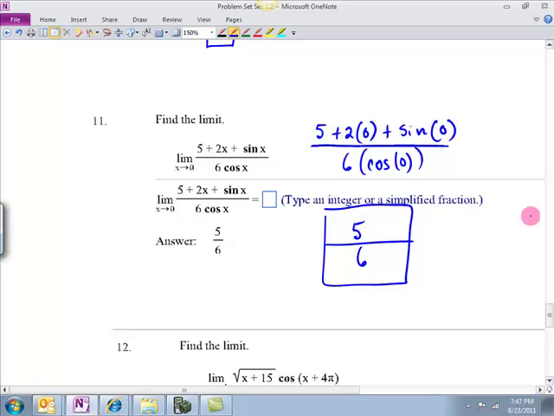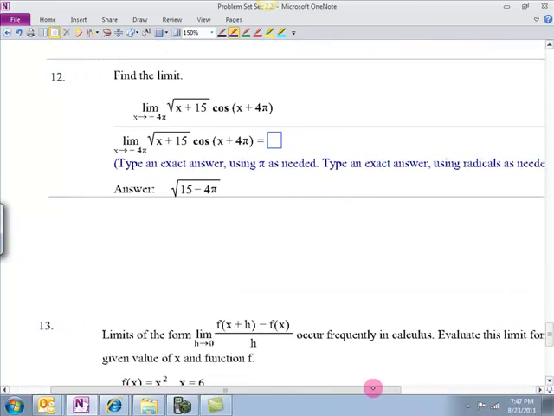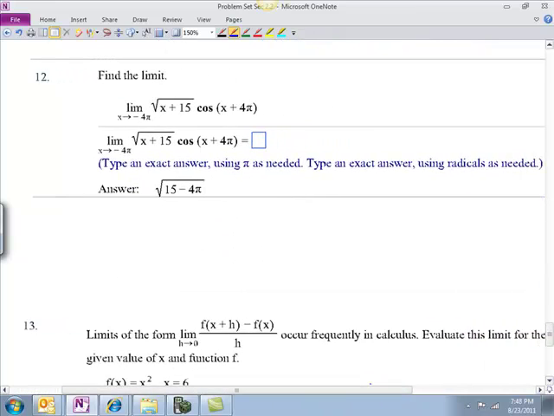Let's try 12. Okay. Can we plug in for this guy? The limit as x approaches negative 4 pi. It's really not bad. You're just plugging in. What do you get?